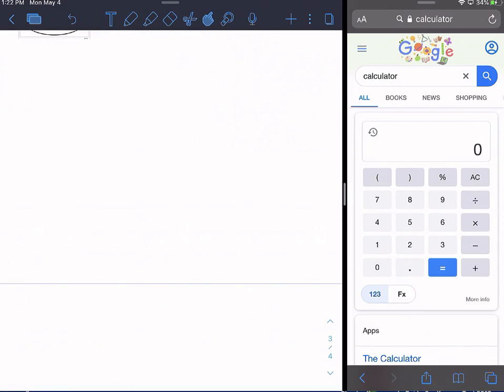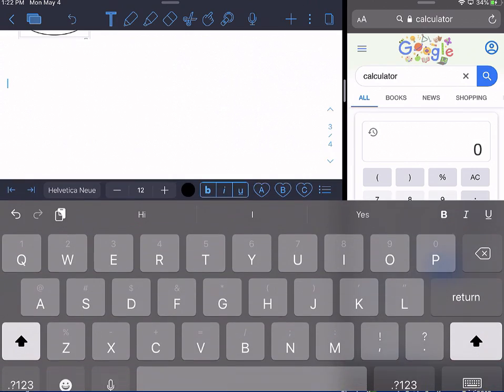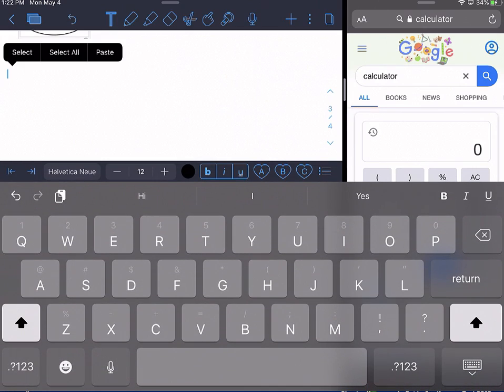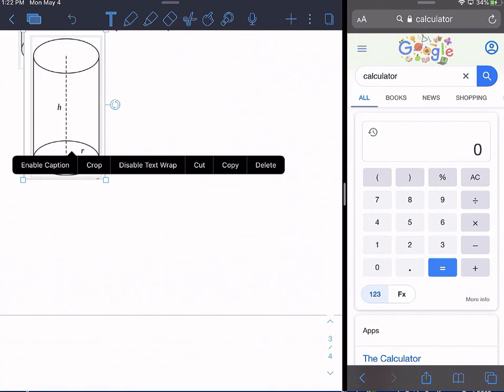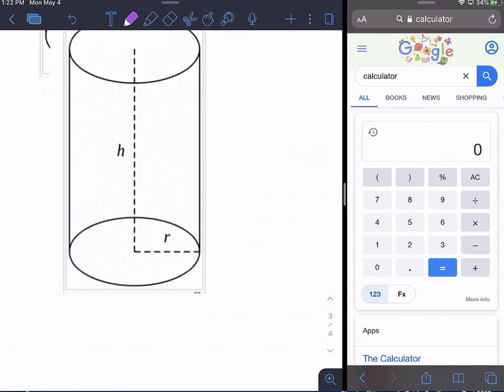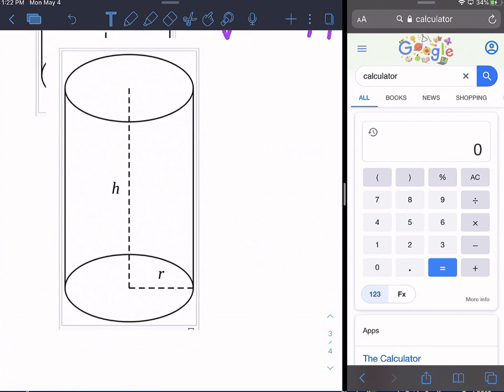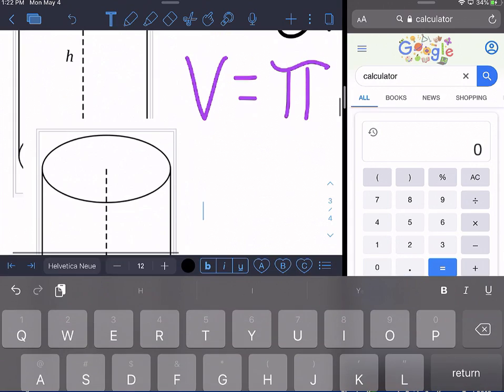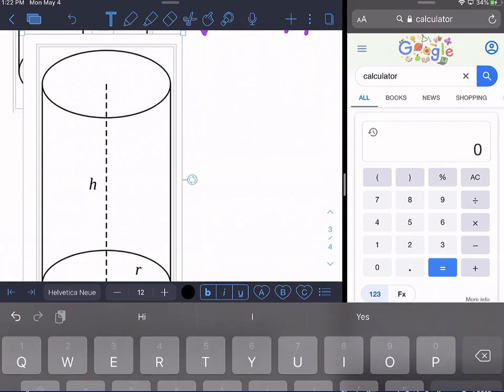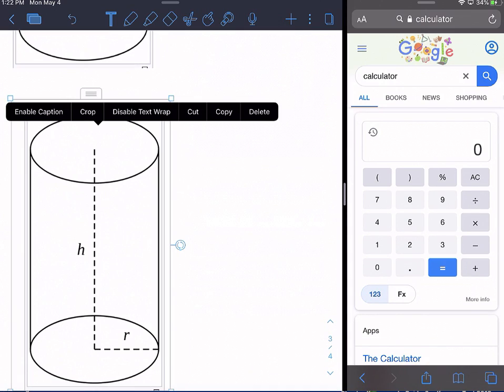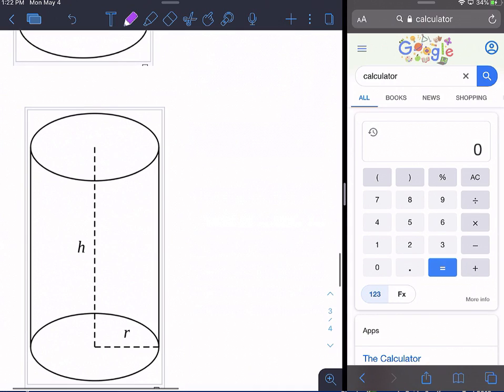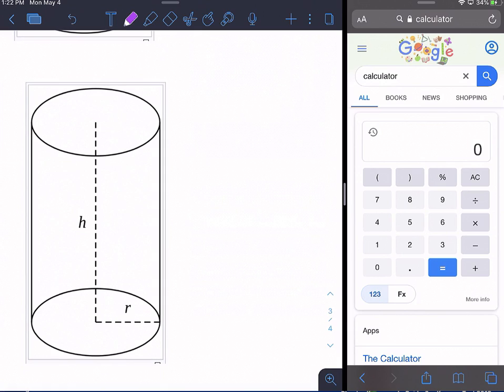We are going to use our knowledge about circles, and we're going to make up some numbers here. So our radius is going to be 4, and our height's going to be 11.